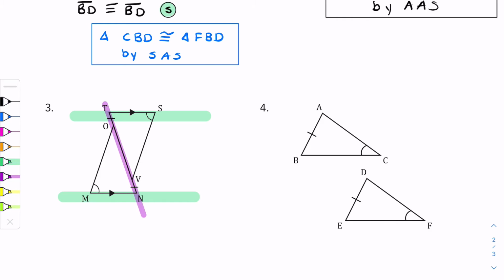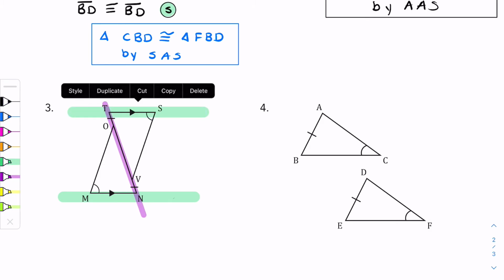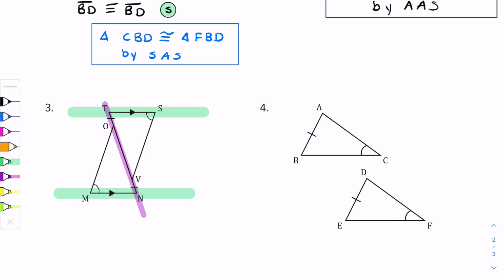And I see one that right away stands out to me. That would be alternate interior angles. These two angles here are congruent by the alternate interior angles theorem.